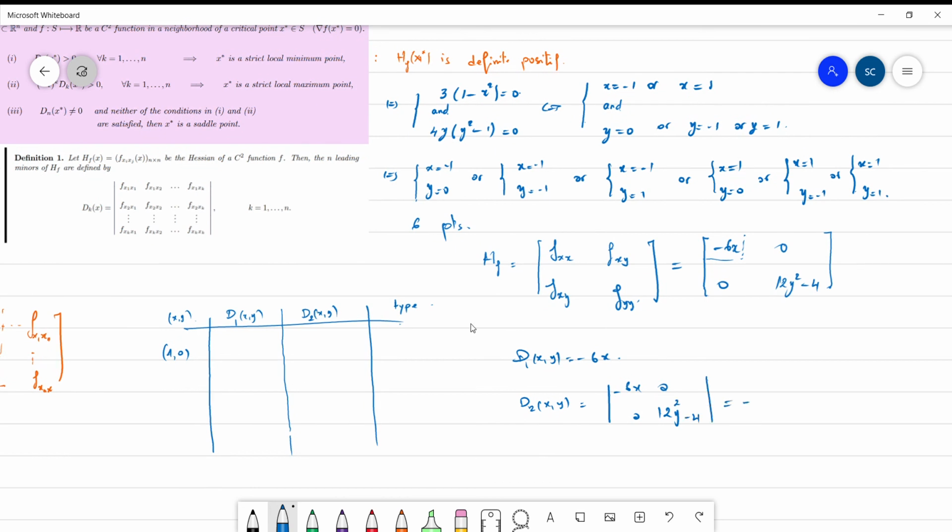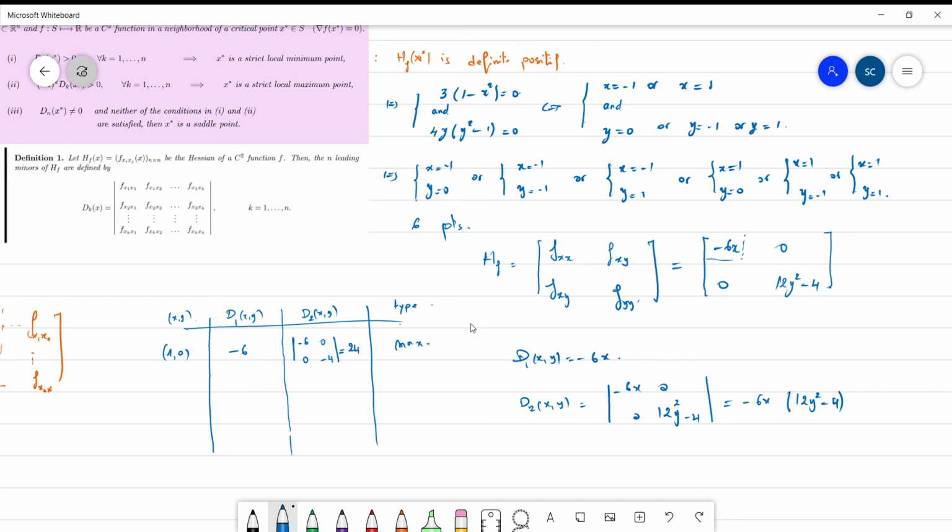At x equals 1, I have minus 6. For the determinant I have minus 6, 0, 0, and minus 4, which is 24. So we satisfy: minus 1 times d1 positive, d2 positive, so it is a max point, a local max.